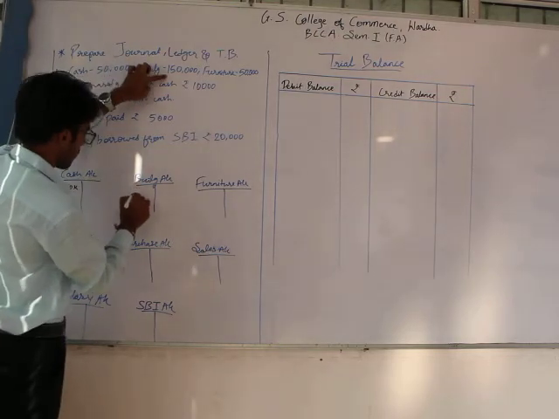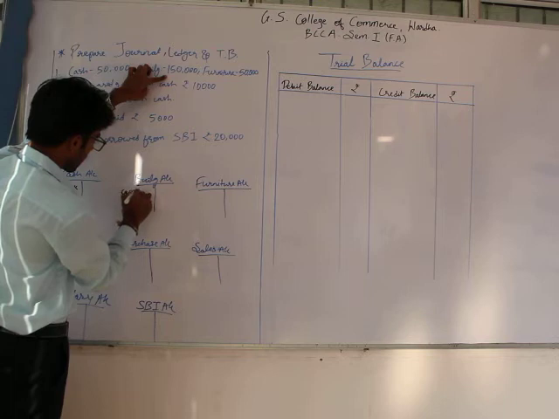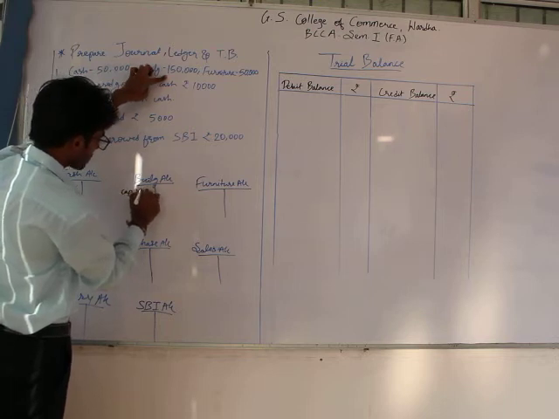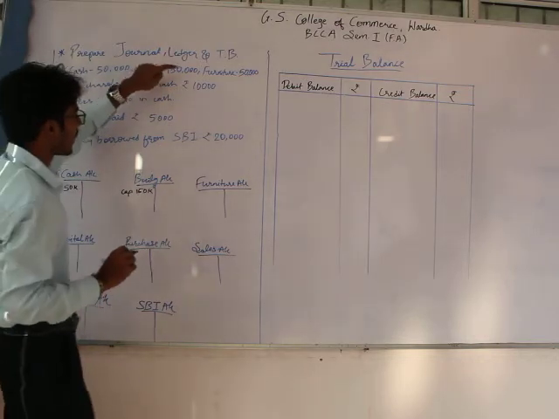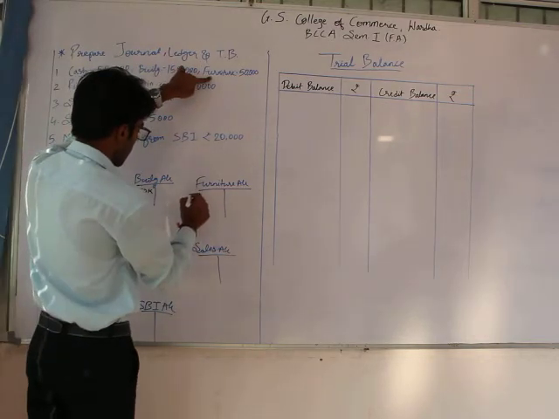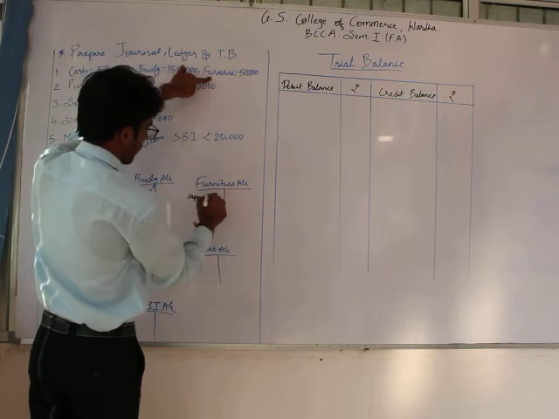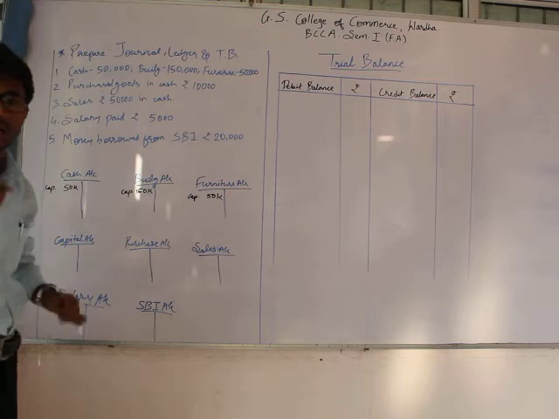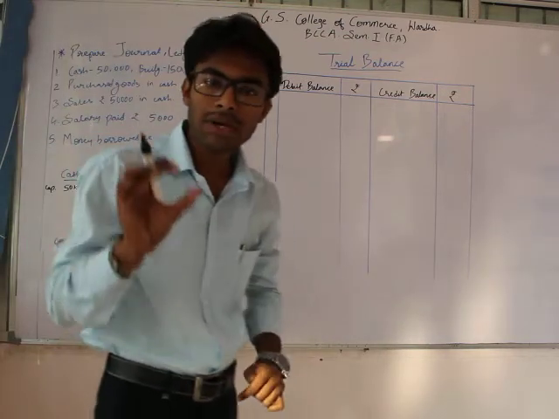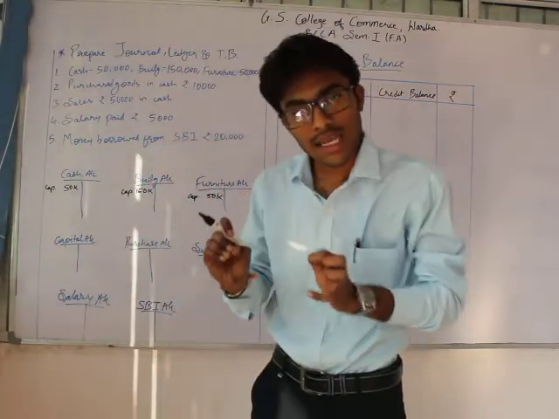Building, again I am writing capital, because that account has been credited, 1,50,000. And in the debit side of furniture, capital account 50,000. Done. And finally capital account is credited here.